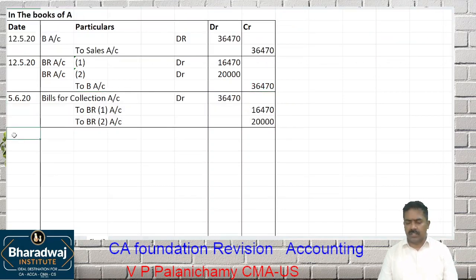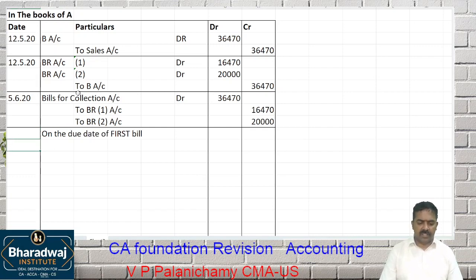When is the next transaction? On the due date of which bill? First bill. When will the due date come for the first bill? 12/5/2020, 1 month, so 15/6/20.